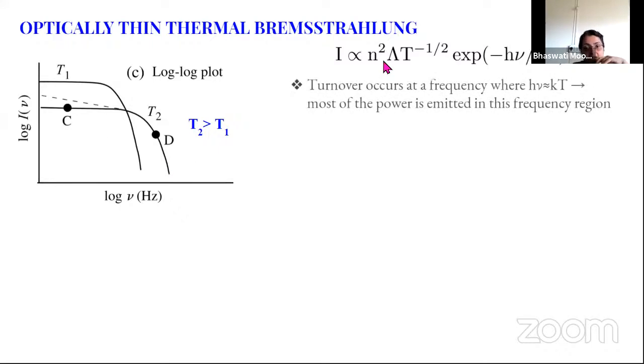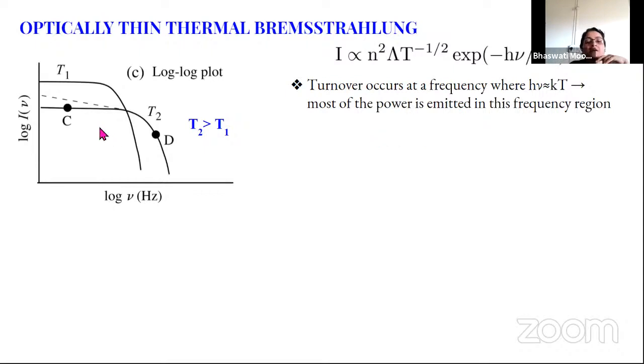I will make a statement that when this turnover occurs at the frequency where hν equals kT, most of the power is emitted in this frequency region. You might wonder, what is power? Naively speaking, power could be the area under the curve. And what I am saying is that most of the power is emitted in this frequency region.